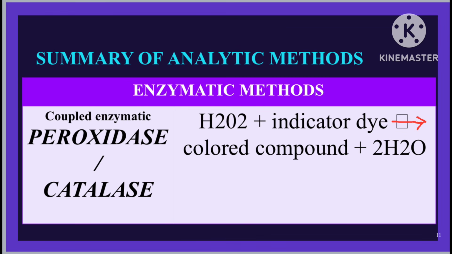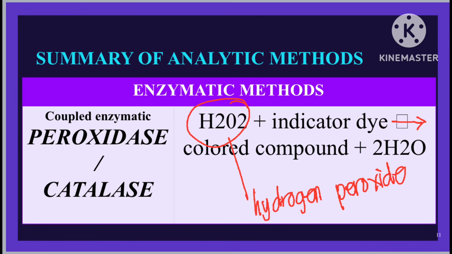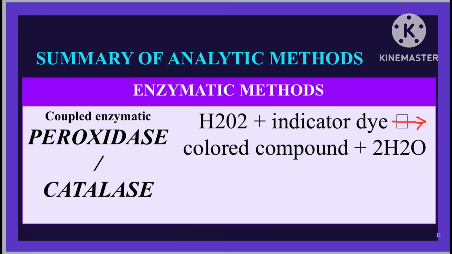Another technique would be coupled enzyme methods or coupled enzymatic methods, which measure the hydrogen peroxide produced as uric acid is converted to allantoin. Peroxidase or catalase with an enzyme commission number of 1.11.1.6 is used to catalyze a chemical indicator reaction. The color produced is proportional to the quantity of uric acid in the specimen.